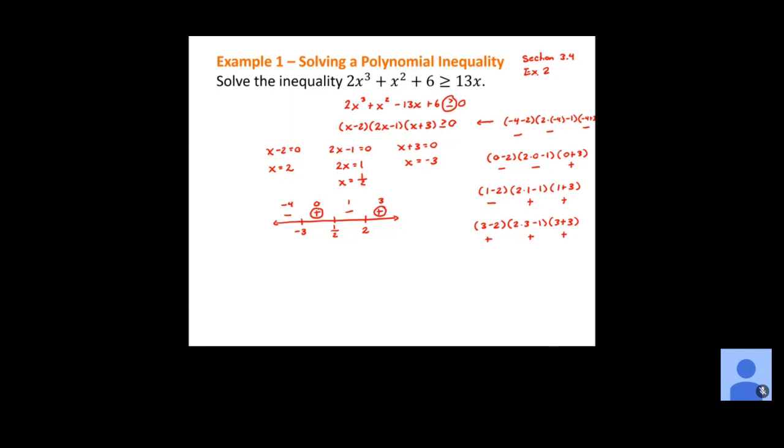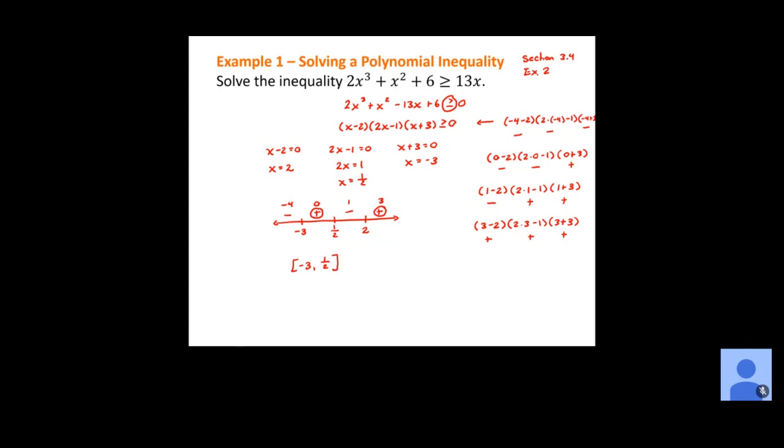So what would that first interval look like this time? Good. So -3 to 1/2. Notice this time I'm using brackets because it could be greater than or equal to 0.